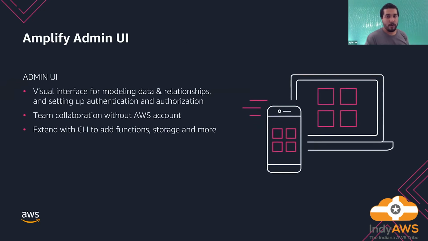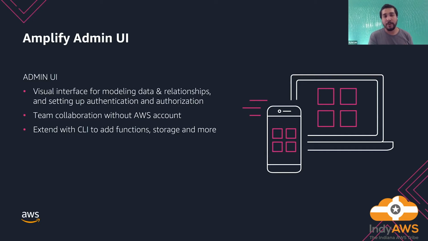Now, this is the part where we're actually going to go through a lot. I know that a lot of people here probably have experience with different AWS services, and I want to show you the admin UI, which makes AWS much easier to consume as maybe somebody that's just getting started, or somebody like me that doesn't have a strong knowledge around all the different AWS services that can be used to achieve some type of outcome.